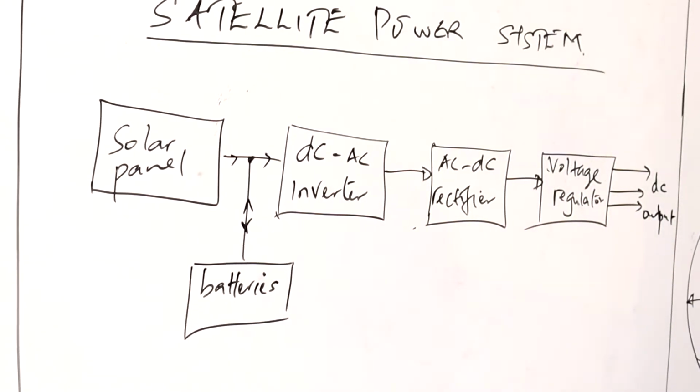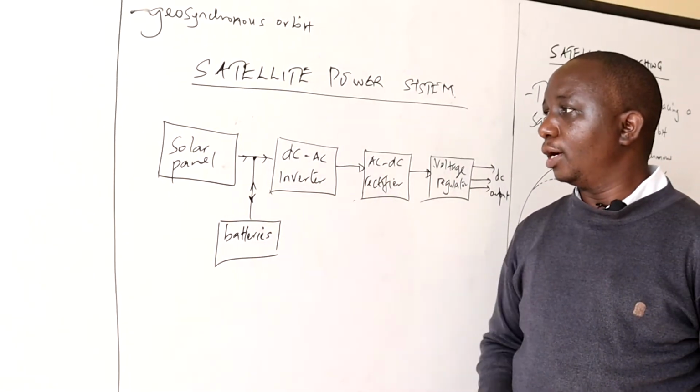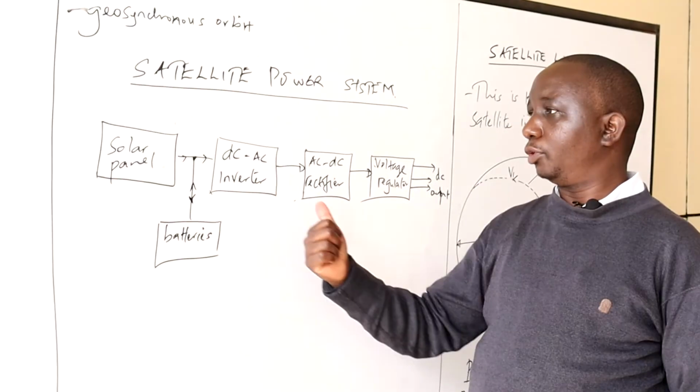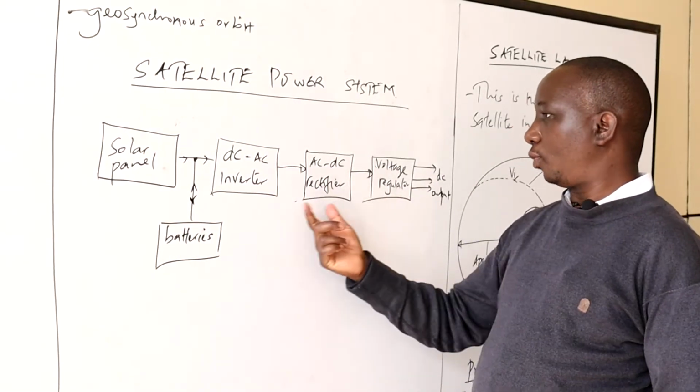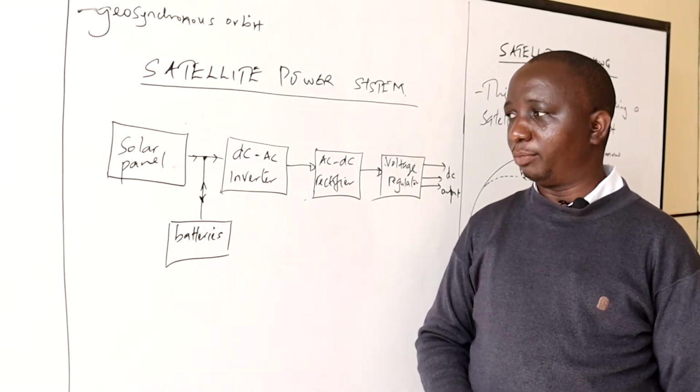Look at this. The solar panel is able to capture the solar radiation, and in the process of supplying power to the other systems, the batteries get charged for backup purposes.